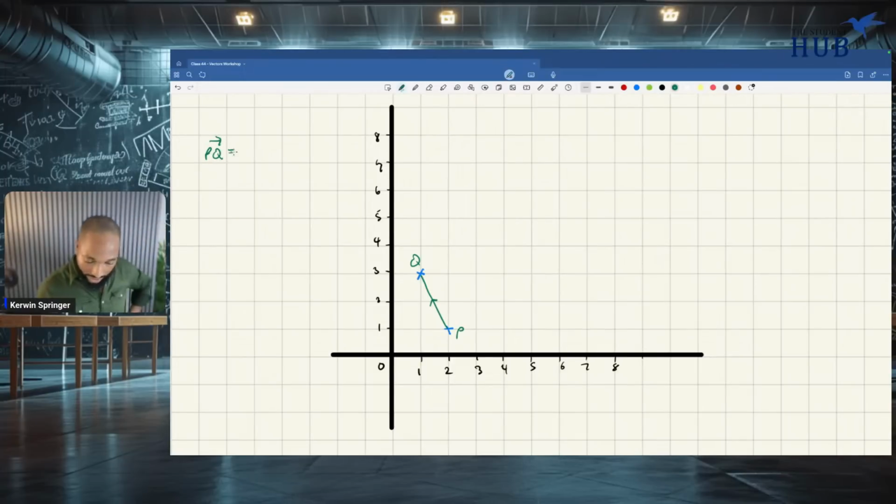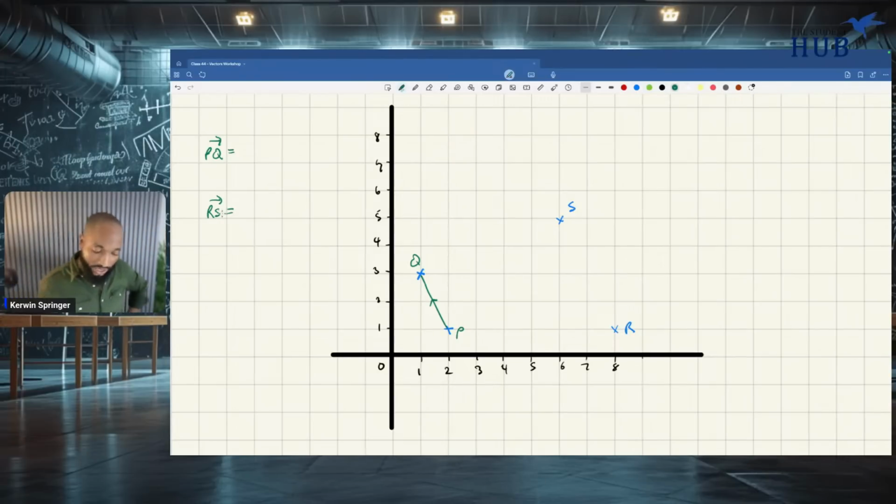All right, coming up with that. I'll put 2 other points now. Maybe I'll put a point over here, and then I'll put a point up here. So I'm going to call this RS. What is RS? What is PQ?